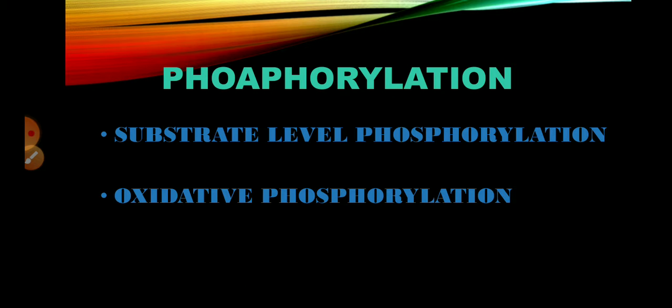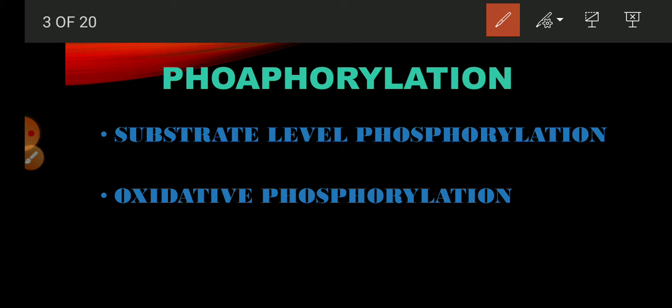Okay, so if we see phosphorylation, phosphorylation means adding of phosphate in ADP for the formation of ATP, a high energy substance or highly energetic molecule, which is required for our daily activities.